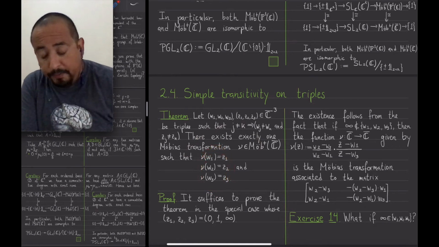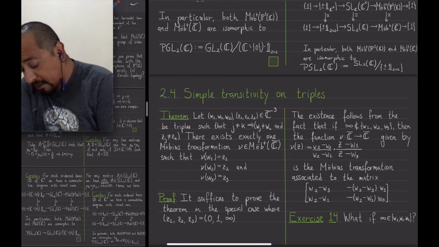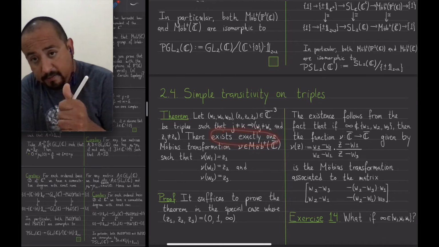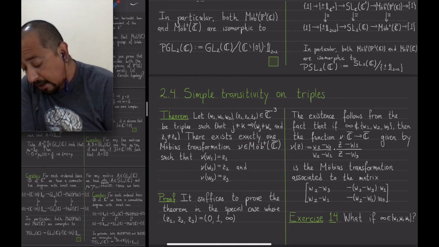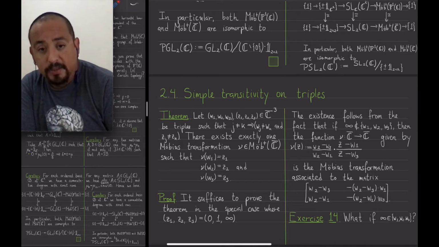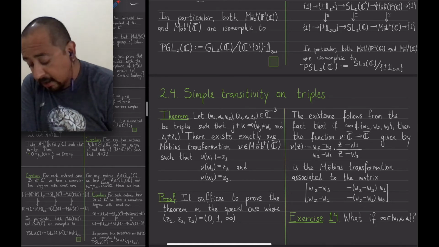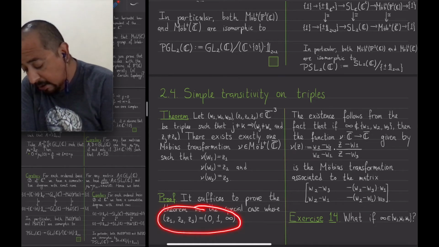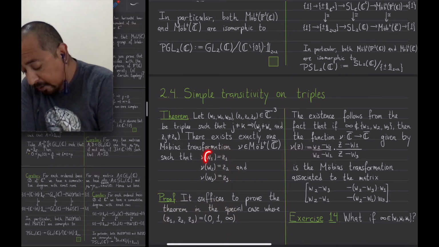Now, for the proof, notice that proving the theorem, namely that there exists exactly one, so both existence and uniqueness, follows if we can establish existence and uniqueness in one special case, namely where you want to send the first one to 0, the second one to 1, and the third one to infinity.